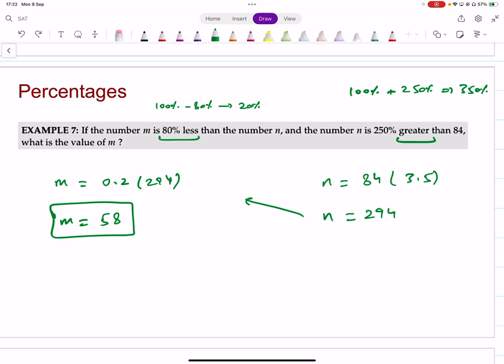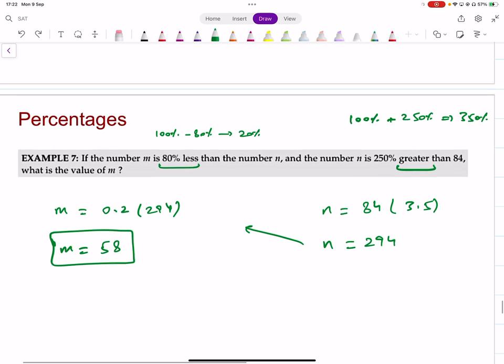It's very important to understand the difference in these statements. If they say 80% of something, that means you do 80 over 100 into that number. If you want to reduce something by 80%, that means you need to multiply that by 20%. You need to subtract 80% from that. Okay?